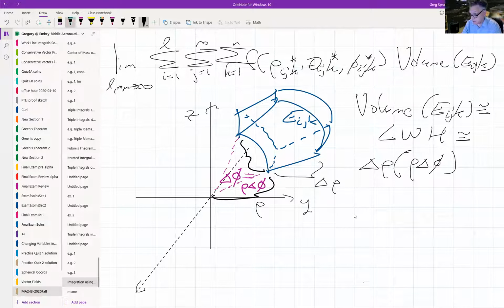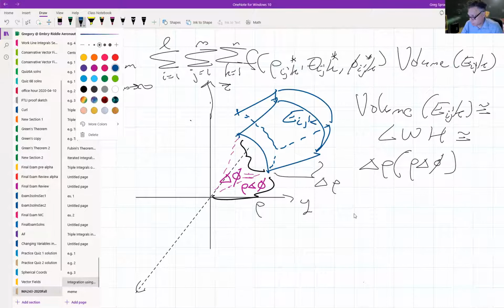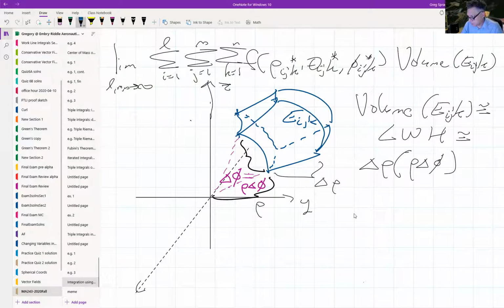Now the remaining dimension is the trickiest one. Let's fix that a little bit. Okay. That is the length of this arc here.